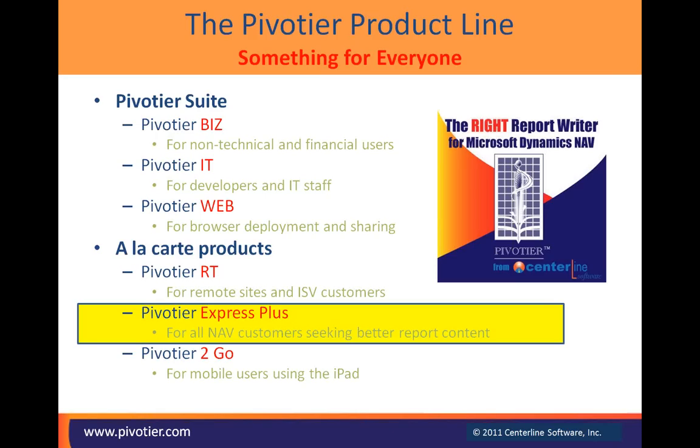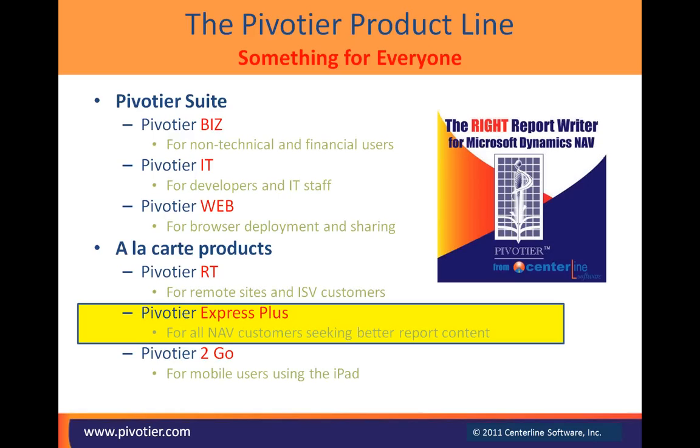Pivotier IT, which is a tool for developers to use Visual Studio, something that's already owned by people who bought Microsoft SQL Server, as a tool for building complex program reports and replacing the C/SIDE Report Designer. Pivotier Web takes all existing reports that are built in Pivotier Biz or IT and allows you to share them with non-attached employees across your enterprise using SQL Server Reporting Services.